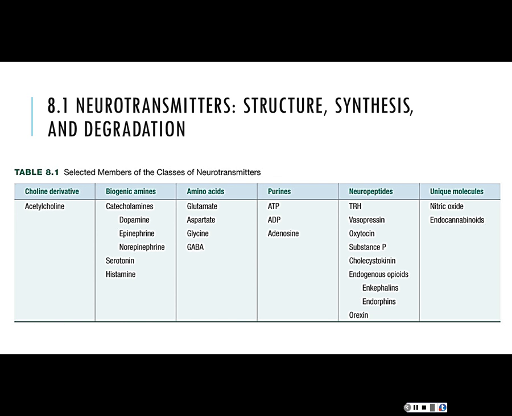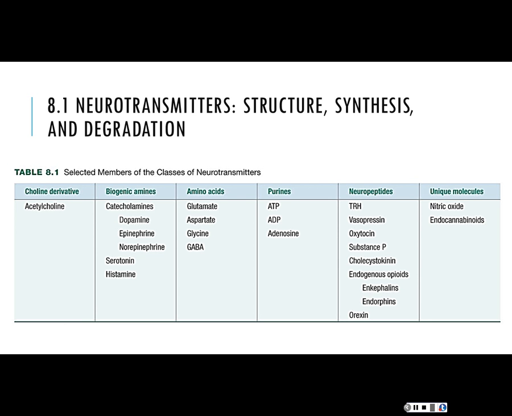One comes from choline, it's called acetylcholine. Another comes from amine groups, which you've heard of: dopamine, epinephrine, norepinephrine, maybe serotonin. These are amine groups. Actual amino acids can function as neurotransmitters, including glutamate, acetate.